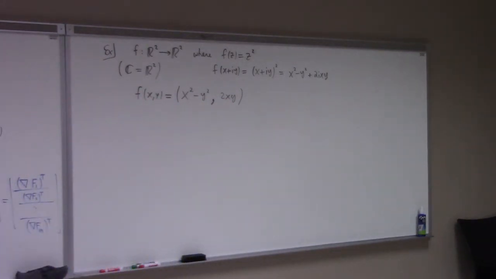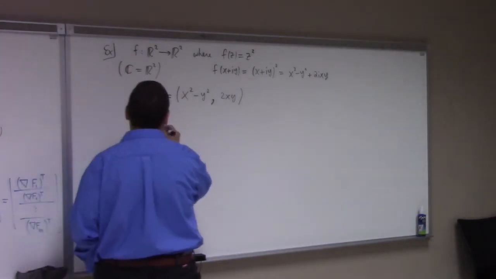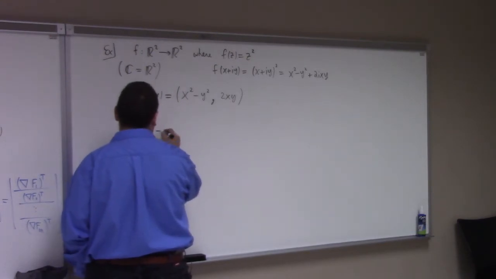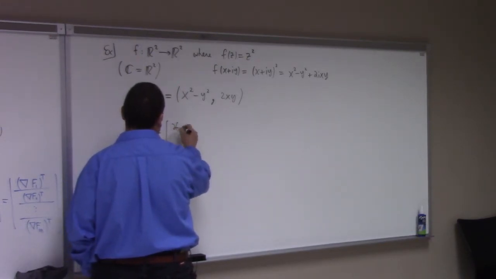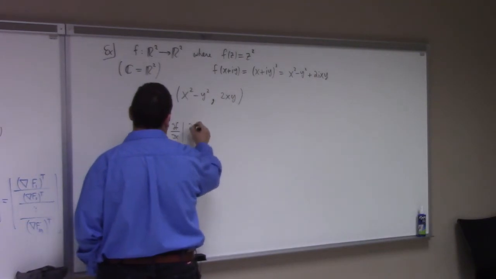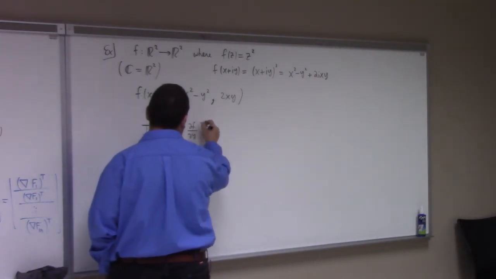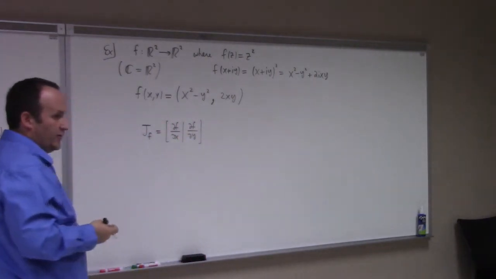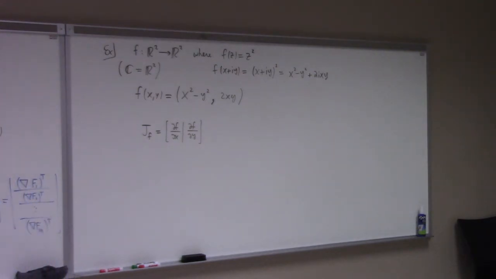So what's the Jacobian for this function? I told you it should be ∂f/∂x and then ∂f/∂y. That's the definition of the Jacobian in this context.